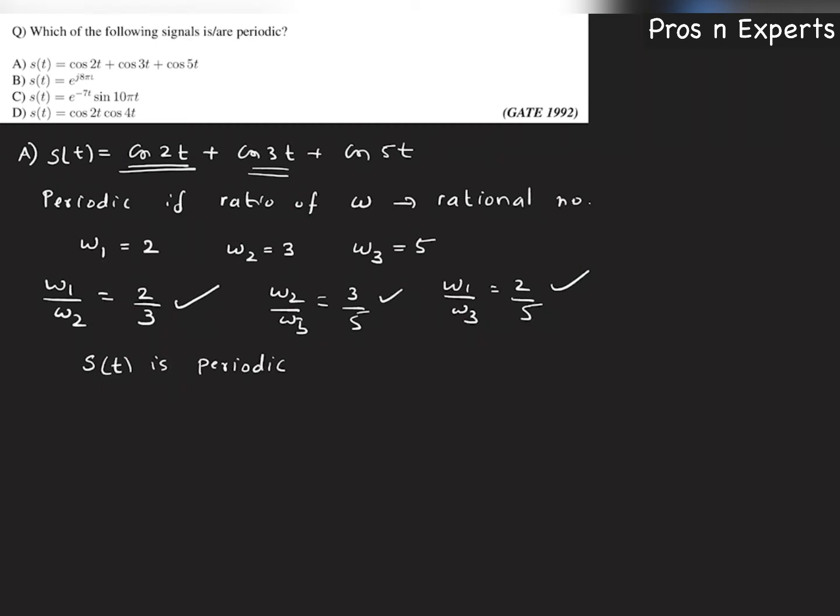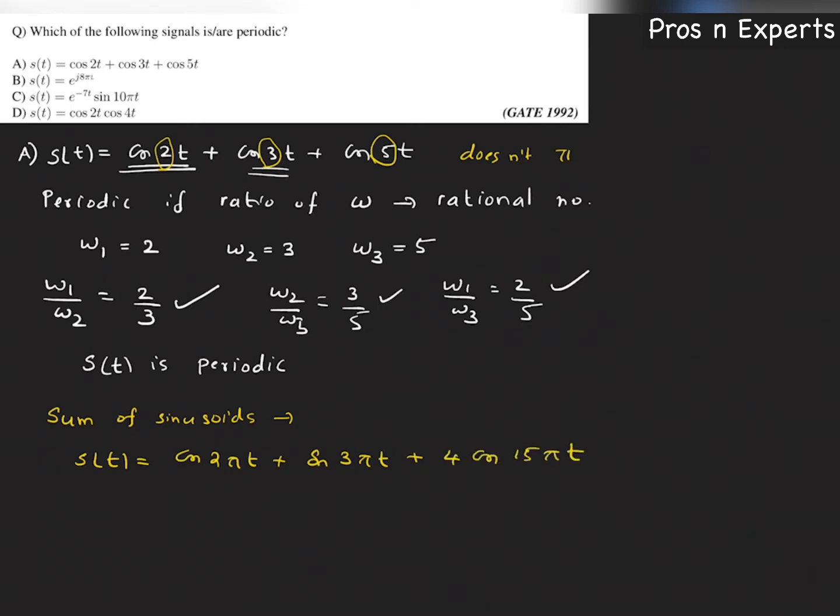And I can tell you a tip here. Whenever you see a sum of sinusoids, if none of the arguments of cosine or sine have pi, then it is periodic. Take another example: x of t equal to cos 2 pi t plus sine 3 pi t plus 4 cos 15 pi t.